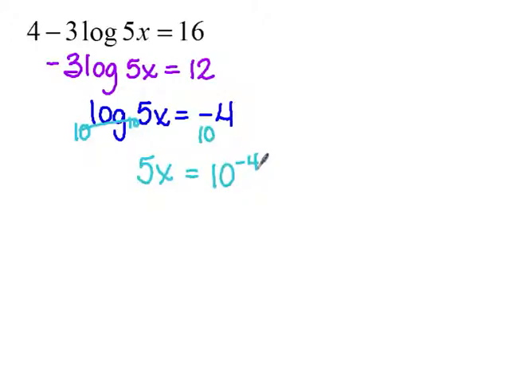On your calculator, if you type 10 caret -4, what does it equal? 1e-4. That's what 10 to the -4th is. Now divide that by 5.